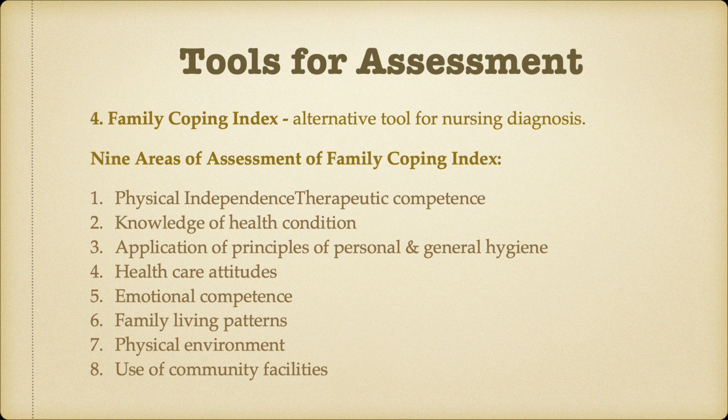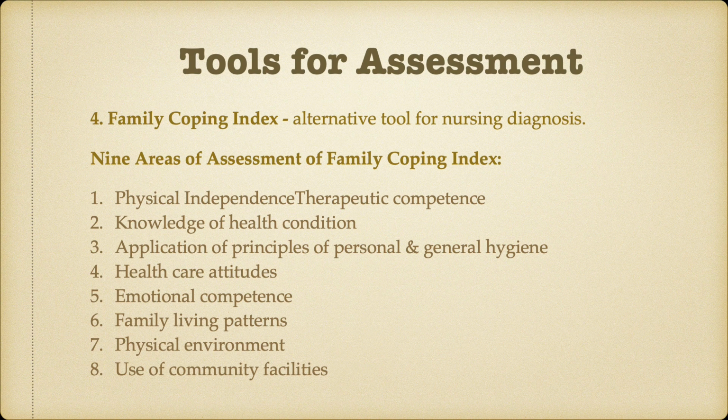So this Family Coping Index provides a system of identifying areas that may require nursing intervention and areas of family strengths that may be used to help the family deal with health needs and problems. So this focuses on identifying coping problems of family in 9 areas of assessment. So we call that 9 areas of assessment of Family Coping Index.